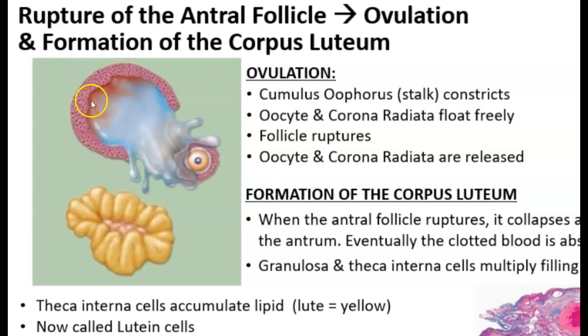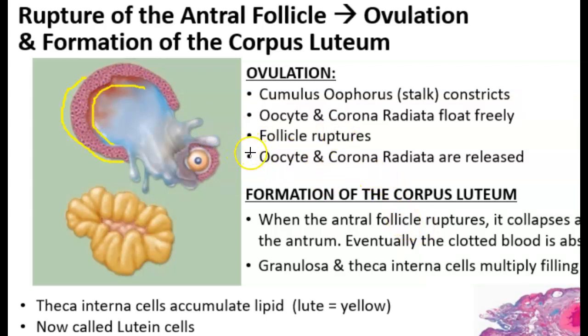But the external thecal cells can also constrict and put pressure on this antrum, and that causes the follicle to rupture.